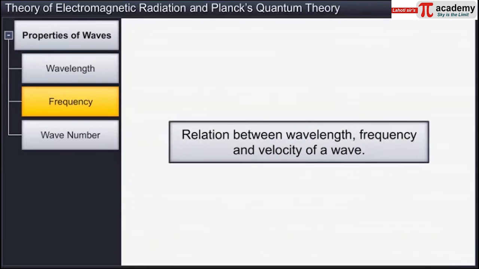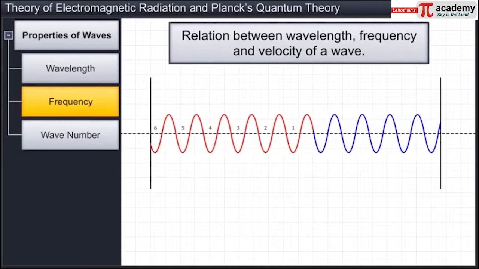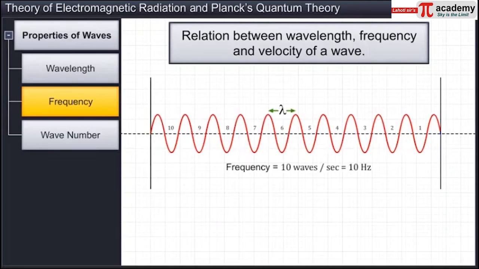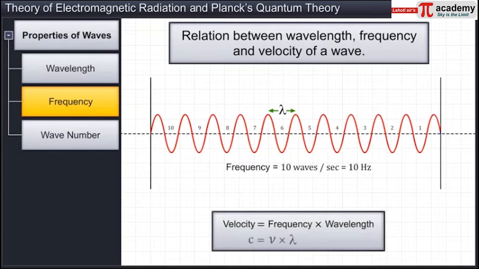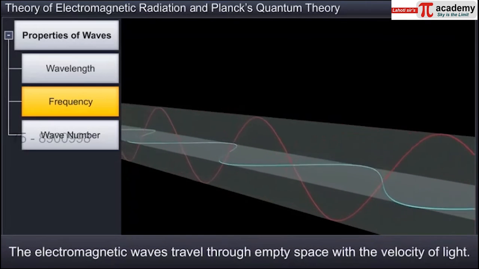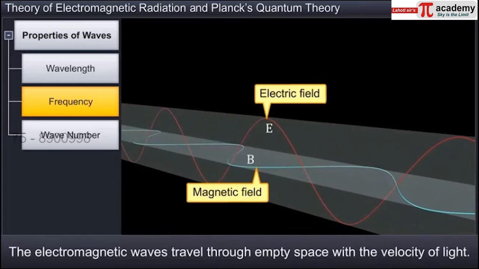Let's now understand the relationship between the wavelength, frequency and velocity of a wave. As frequency is the number of waves passing through a point per second, and wavelength is the length of each wave, their product will give the velocity of the wave. The electromagnetic waves travel through empty space with the velocity of light.